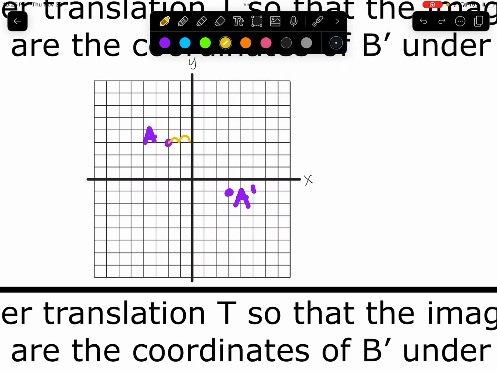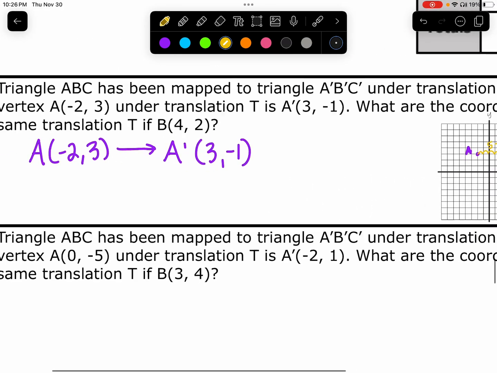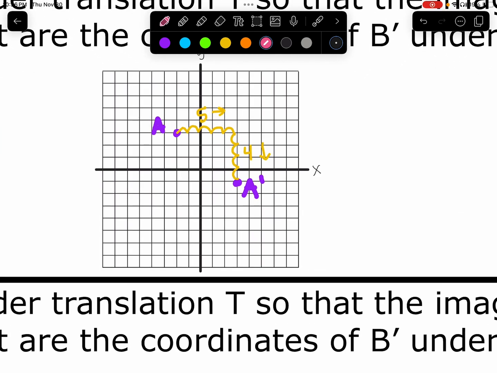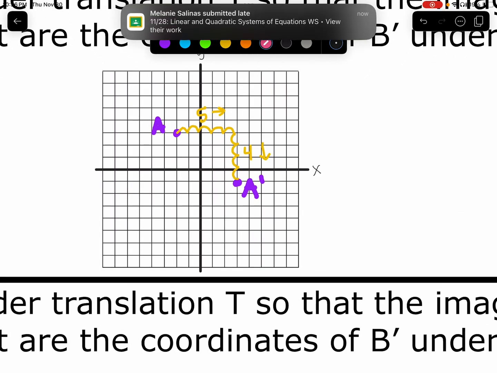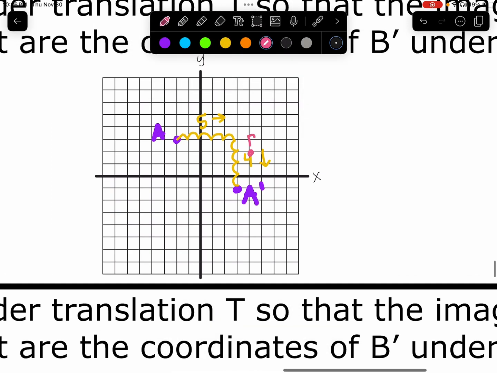All right, 1, 2, 3, 4, 5. So 5 to the right. 1, 2, 3, 4, 4 down. All right, so if B is (4, 2), we're going to perform that exact same translation.